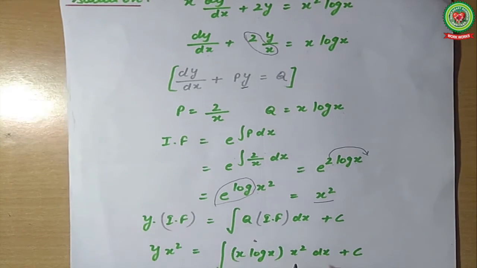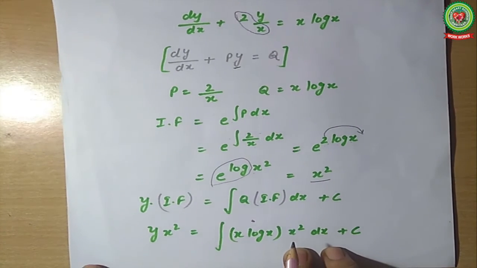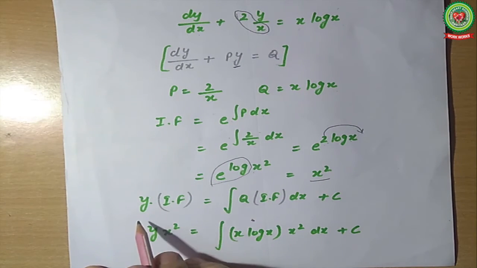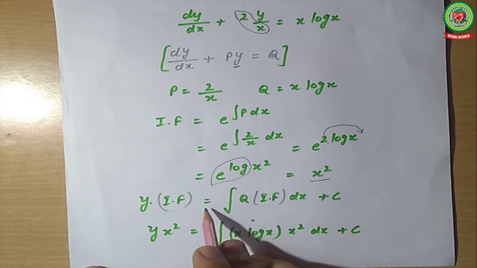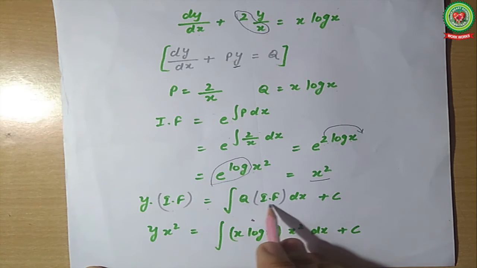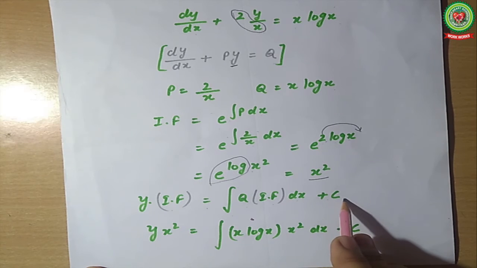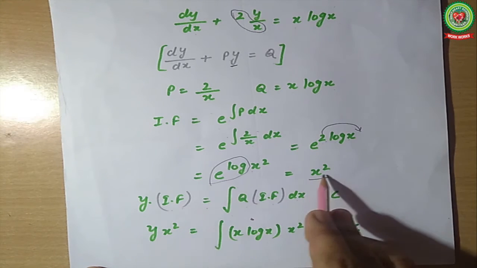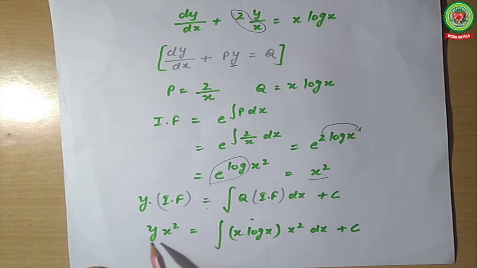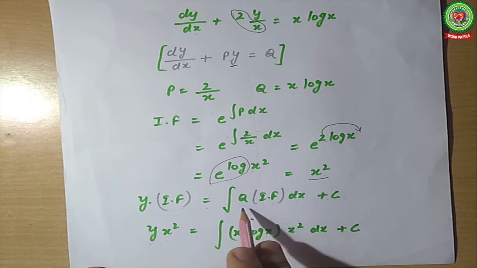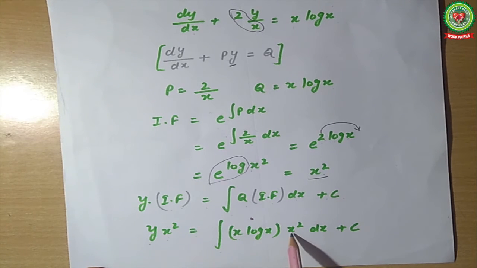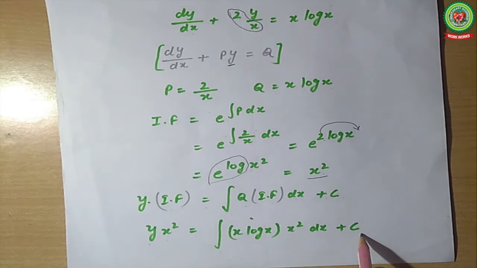Now what is the general solution of such type of linear differential equation? y into integrating factor is equal to integrate of q into integrating factor with respect to x plus c. Integrating factor is x square, put the value here. y x square is equal to integrate of q value x log x into integrating factor x square dx plus c.